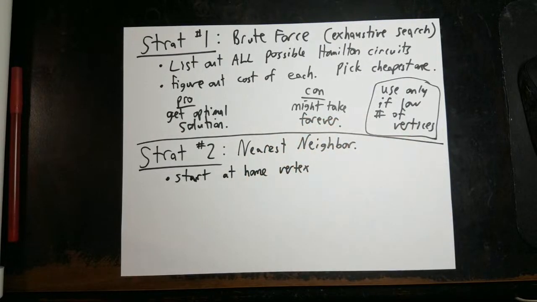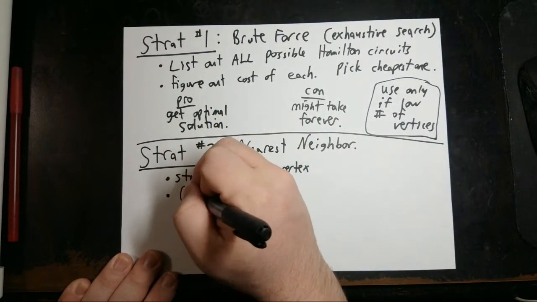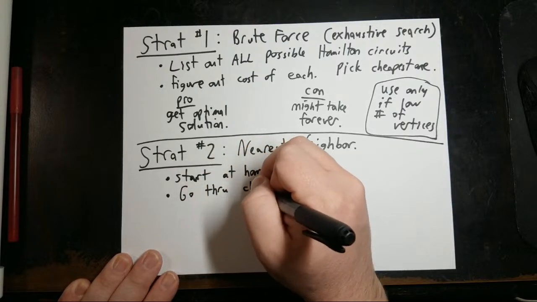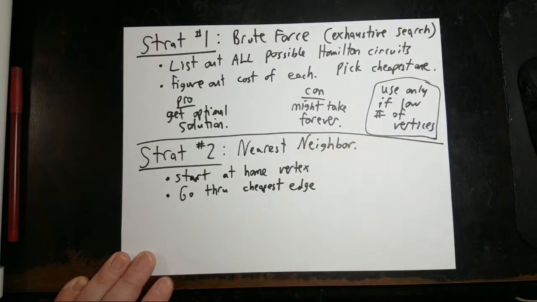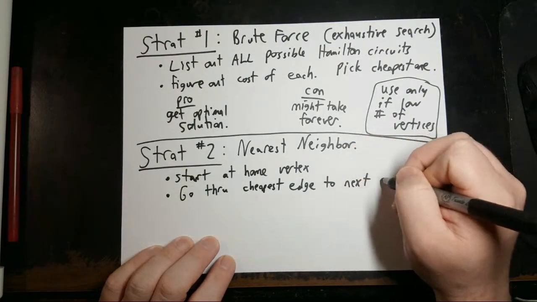So for example, the traveling salesman had to start at A, that's where he lived. You go through the cheapest edge. And I'll show you what that looks like in a moment. But basically, you go through the cheapest edge to the next vertex.